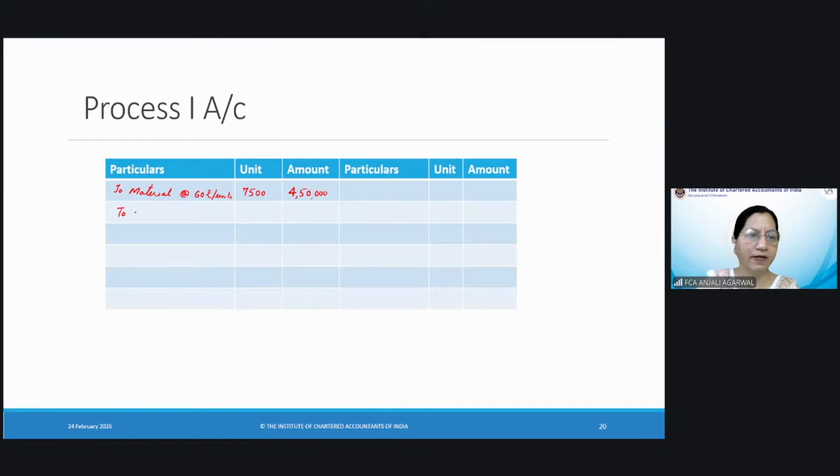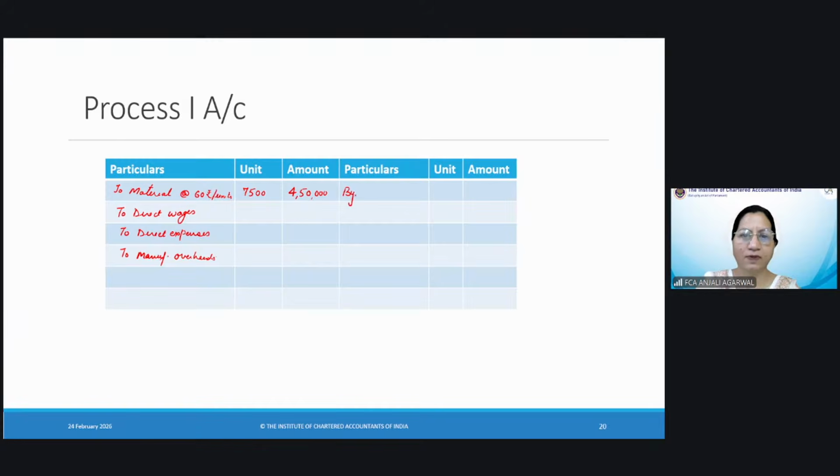Then there were some direct wages, some direct expenses as a percentage of wages, and some manufacturing overheads as a percentage of wages.